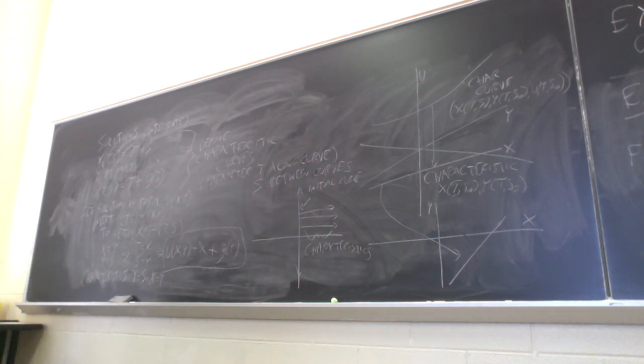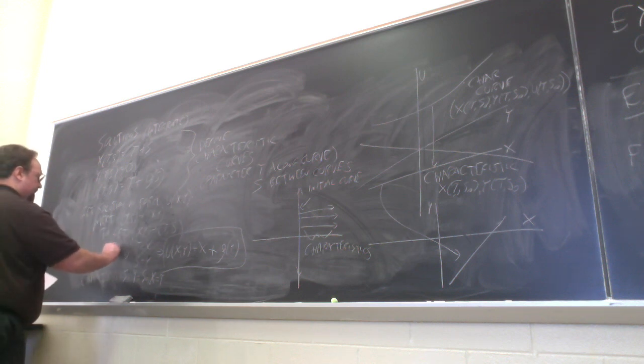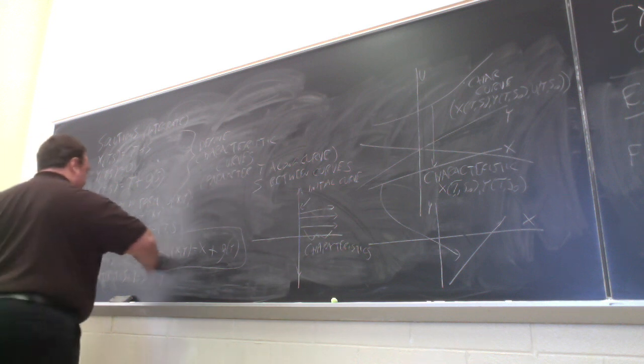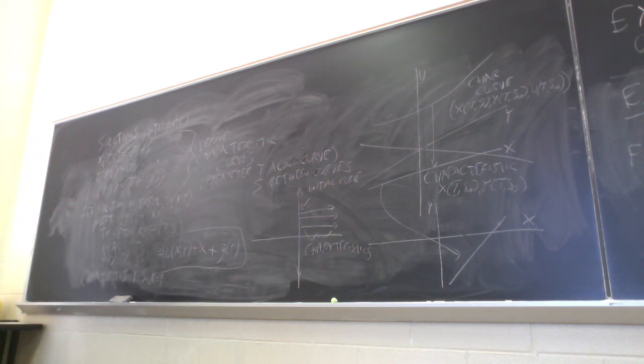So all characteristic curves are focused on the x-axis, and then u is exactly the same. So we have x equal tau plus s, and y equals 0. But what happens when you try to invert? You want to solve for tau and s uniquely in terms of x and y. What goes wrong?